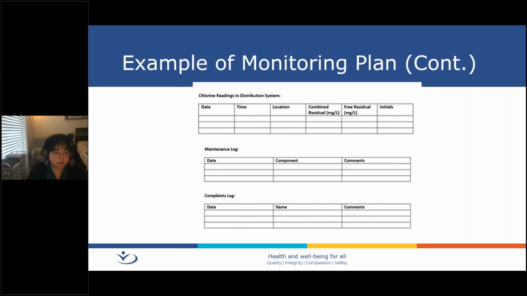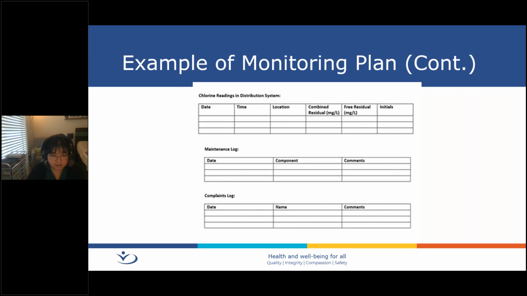And then here, there are the chlorine readings within the distribution system. So there's the free chlorine residual table, as well as the combined residual that you can document. Same, it's date and time of when you complete the monitoring, as well as the location would be important.